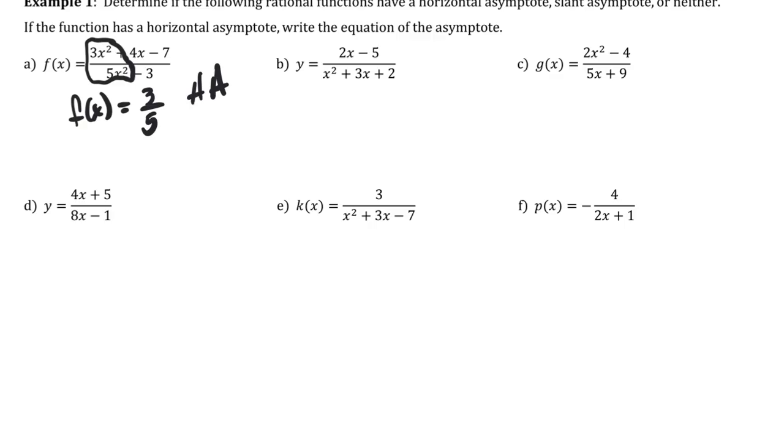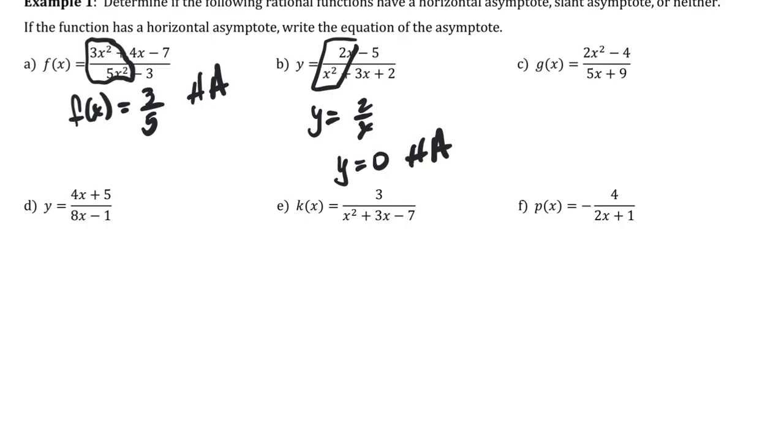If they disappear or it's left over in the denominator, we have horizontal asymptotes, okay? So let's look at the next one. I have y equals 2 over x. Well, that's left in the denominator, so we can say y equals 0 is the horizontal asymptote.